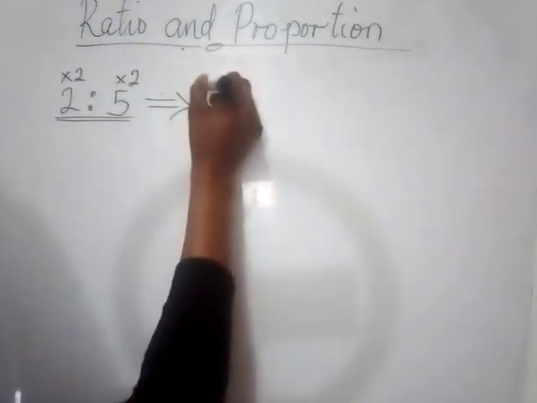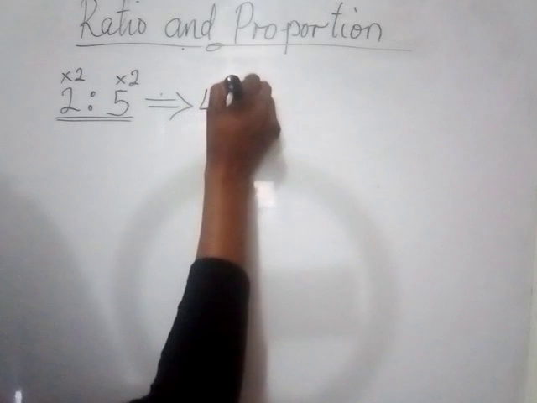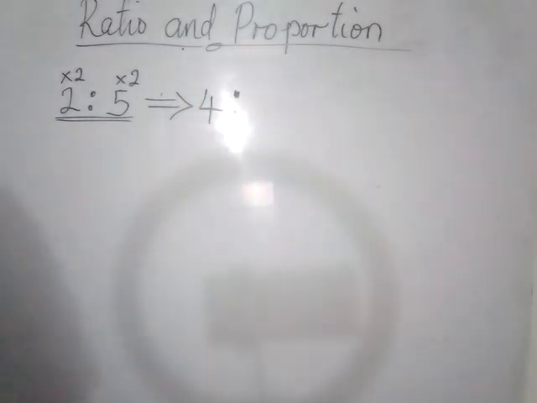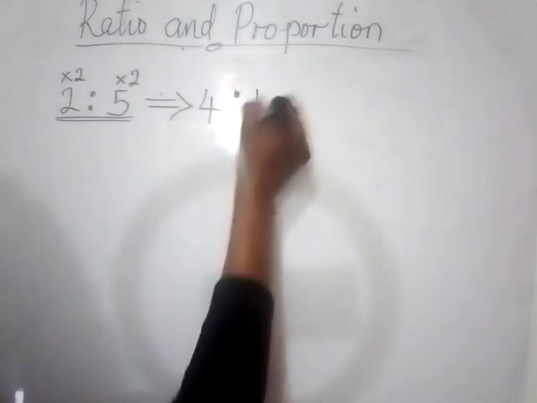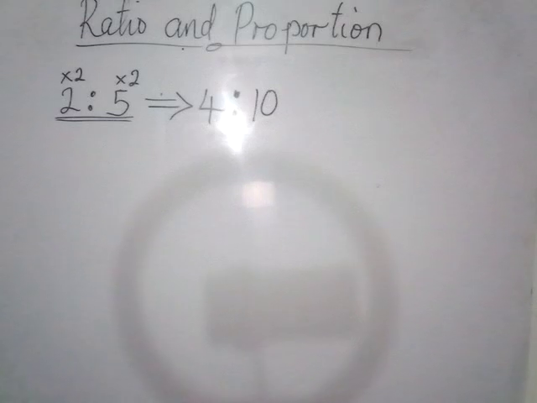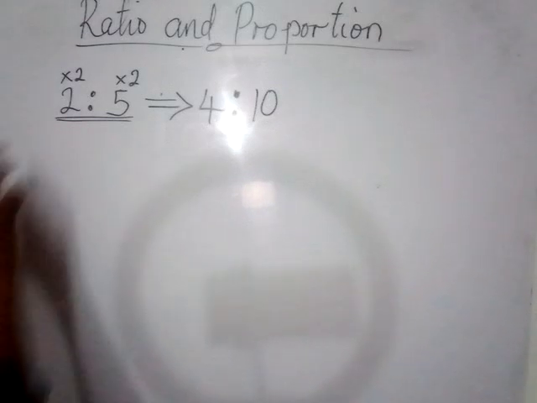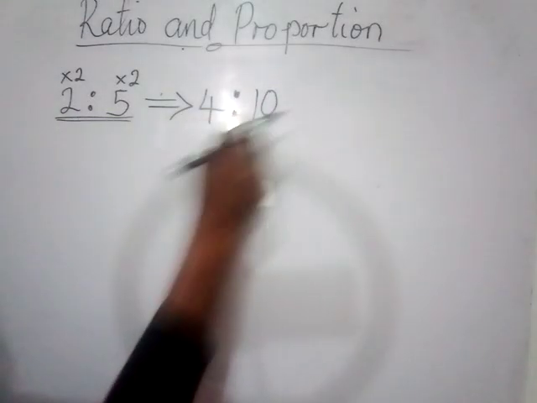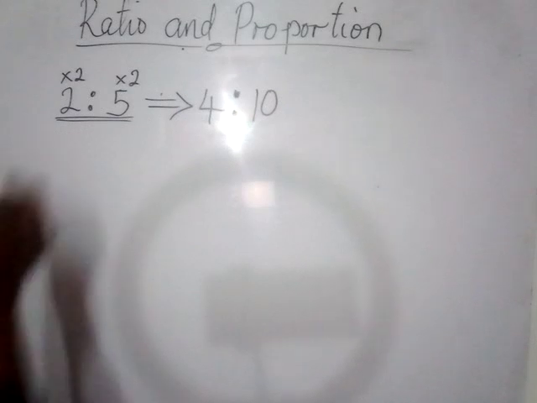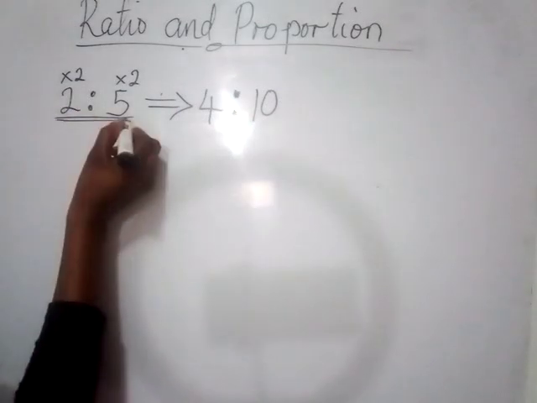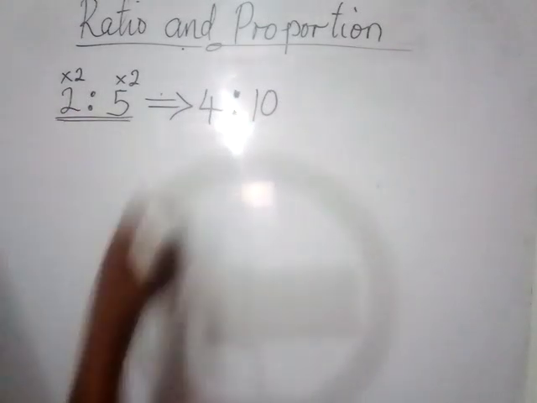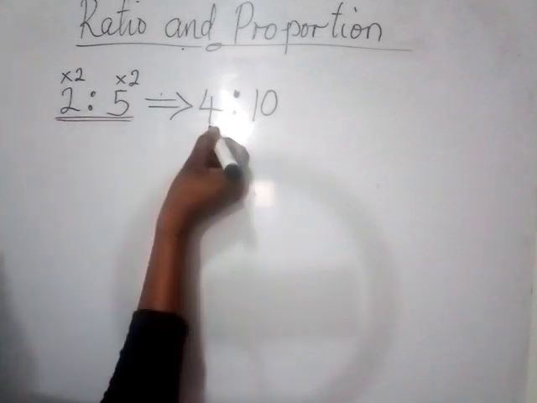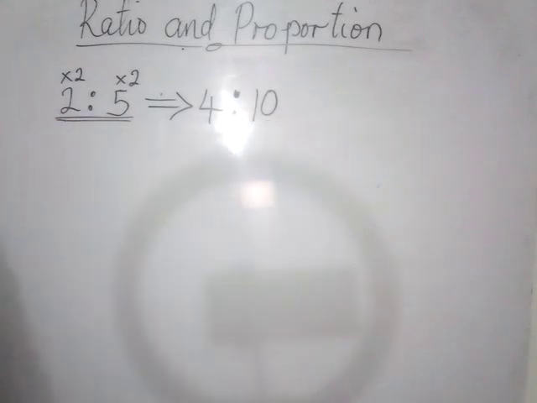So 2 times 2 gives you 4. You write your symbol. And 5 times 2 gives you 10. So ratio 2 to 5 is the same thing as ratio 4 to 10. That means for every 2 of this item, you have 5 of the other item. For every 4 of this first item, you have 10 of the second item.